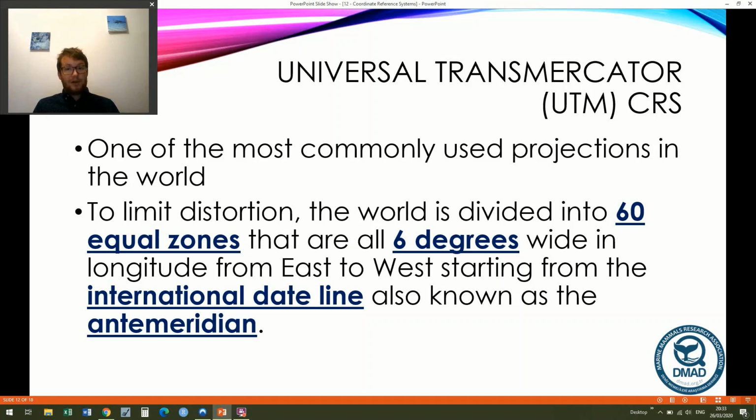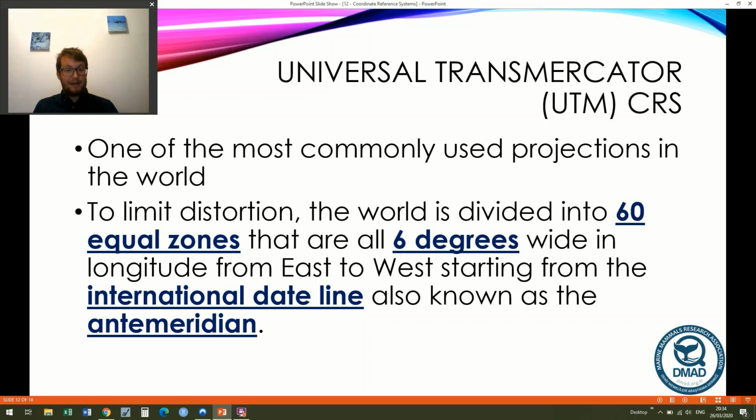So the Universal Transverse Mercator, or UTM, coordinate reference system is one of the most commonly used coordinate reference systems in the world. And to limit distortion, the world is divided into 60 equal zones. You remember we talked about distortion in the last lecture. Each of these zones is 6 degrees wide in longitude from east to west, and it starts from the international date line.